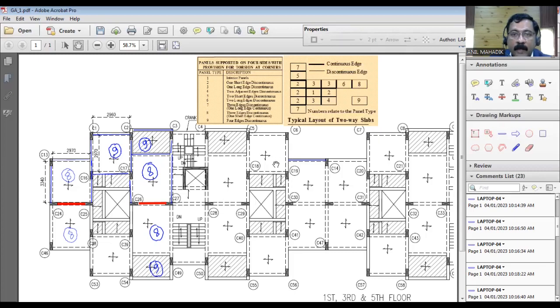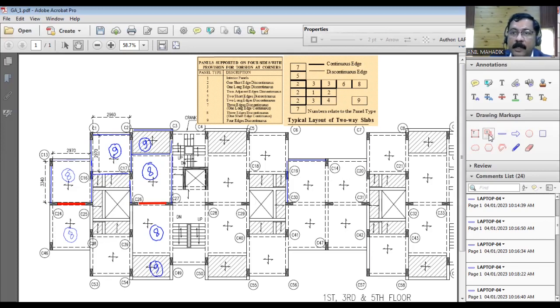Then to the left side, there is a slab, but it is partial, and partially a sunk slab is there. So in that case, I generally prefer to have a discontinuous edge if it is partially continuous and partially discontinuous, because this is a sunk. Within this zone, the slab is not having continuity, so better we assume this as discontinuous.